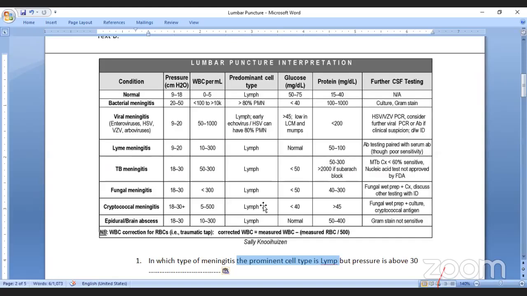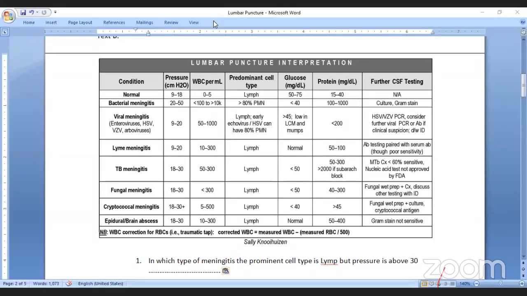Now the next thing is the pressure is above 30. So where is the column of pressure? Yes, the second one. Someone has answered cryptococcal plus bacterial.